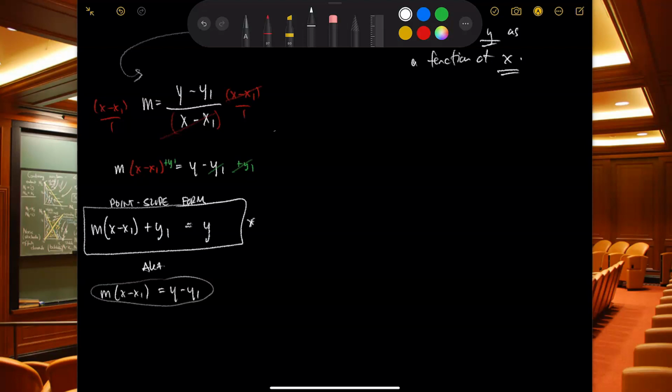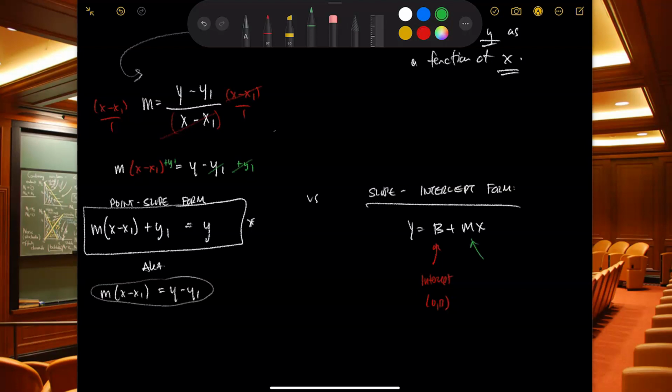So why is this called point-slope form? Well, the last form was called slope-intercept form, right? What was slope-intercept form? y equals b plus mx. Here's the intercept, 0, b.